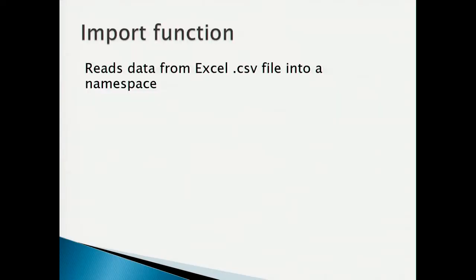Import function. Okay, a lot of students use Excel, and so basically what I've done is I've written a program that allows you to import data from a CSV file where the first row is the names of the variables and the columns are the data. So that's a standard. I think that's like a data table that Richard Proctor talked about earlier.